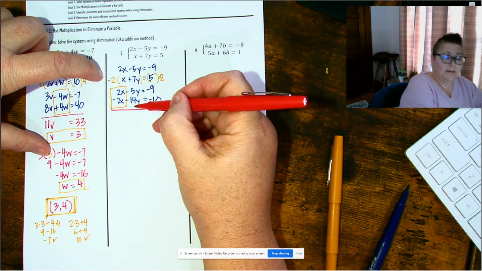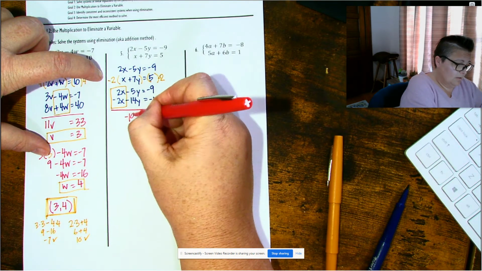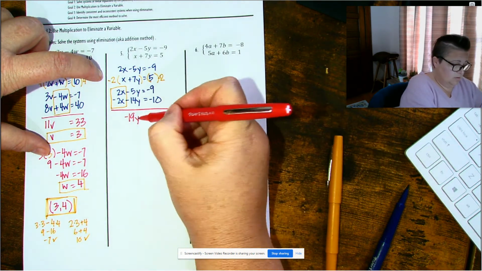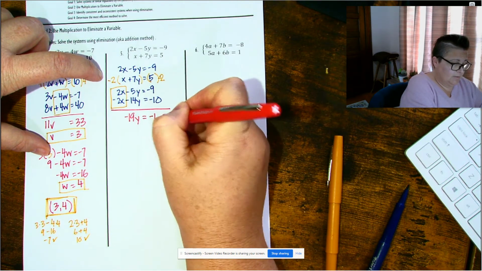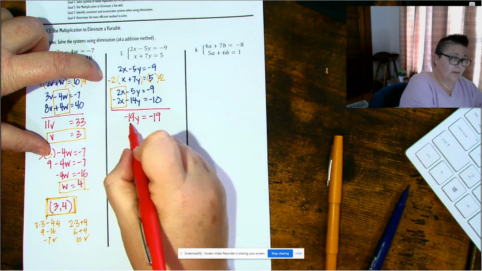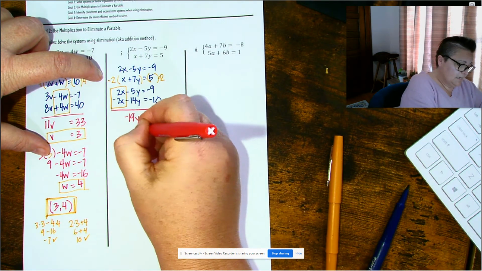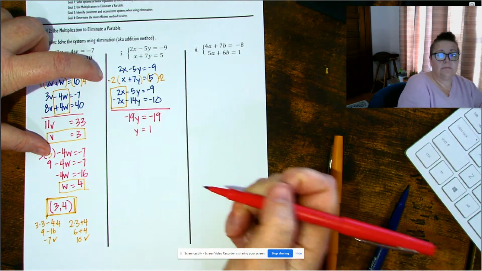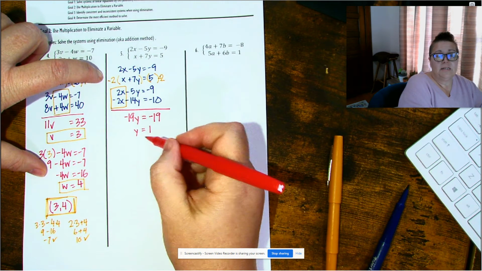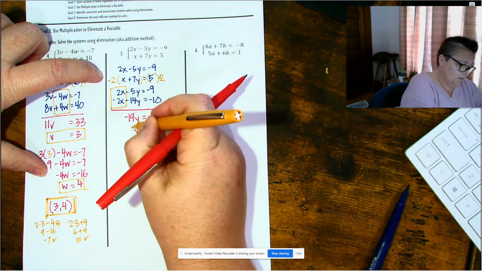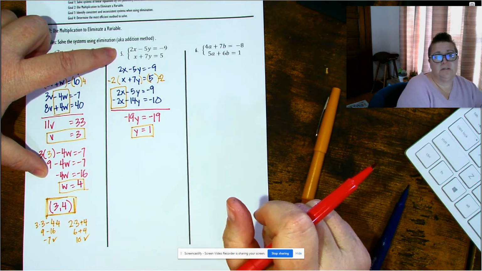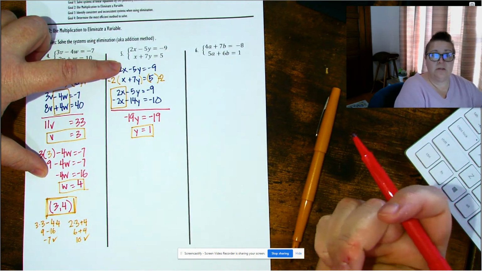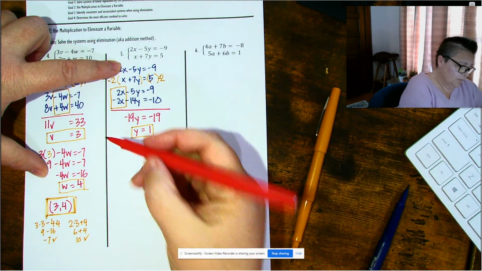Minus 5y minus 14y is a minus 19y equals minus 9 minus 10 is a minus 19. Dividing both sides by a negative 19, I get that y is equal to 1. Now, I need to take this value of y and put it into either of the two equations. I'm going to put it into the second one, just to show you that it should not matter.